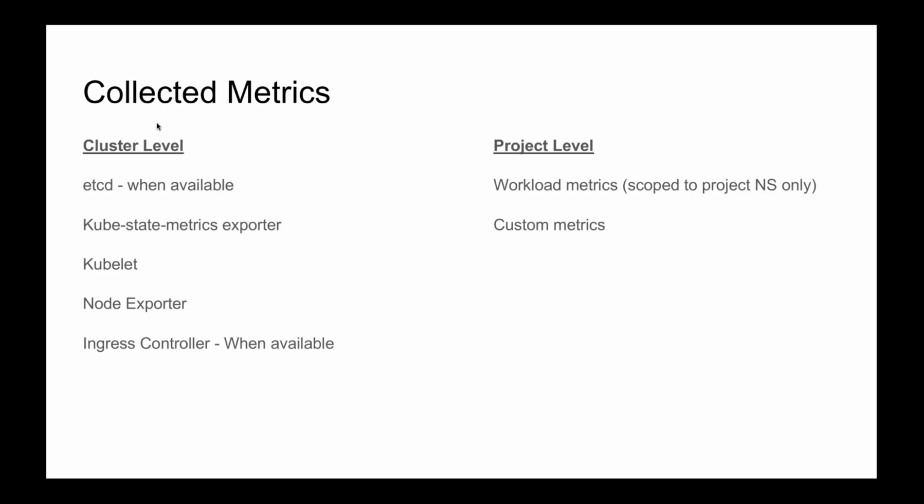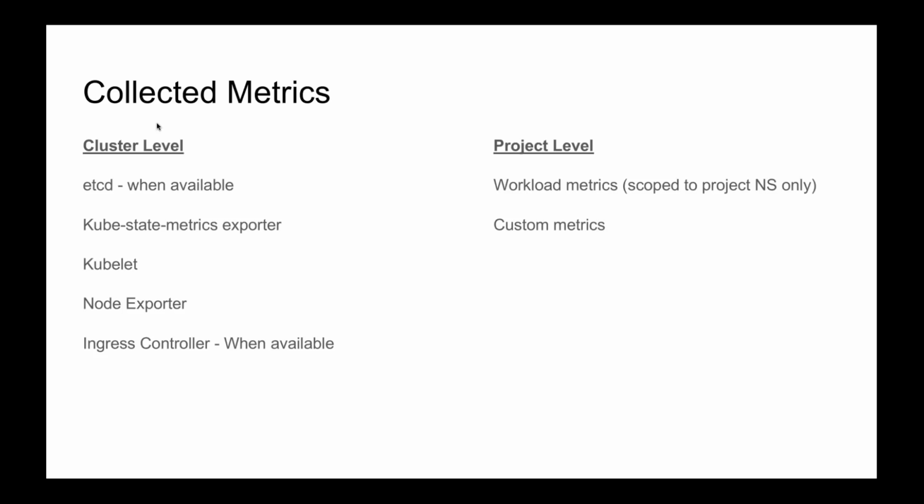We use the kube state metrics exporter, get the kubelet metrics, node exporter, and the ingress controllers. When we've deployed those things, we're able to instrument and wire them up pretty efficiently, get that data, and present nice dashboards for you.